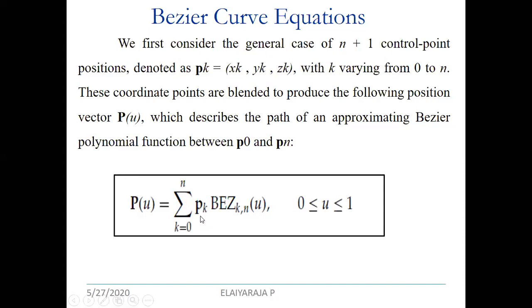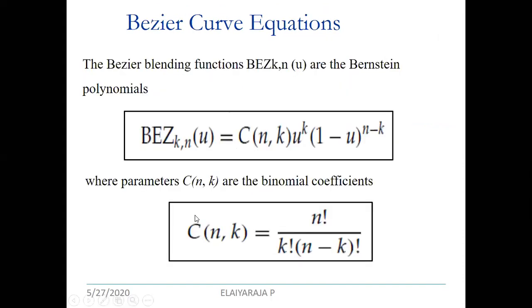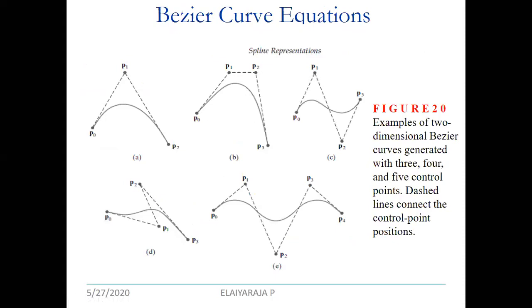Here the control points we specify in the summation, this pk, define the curve, where you can say x0, y0, x1, y1, x2, y2.